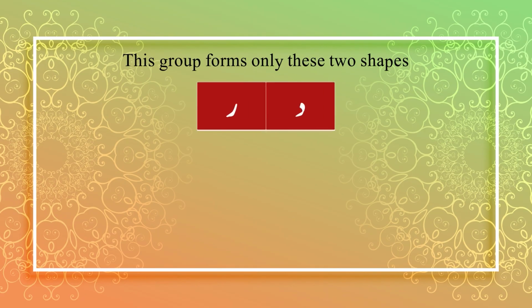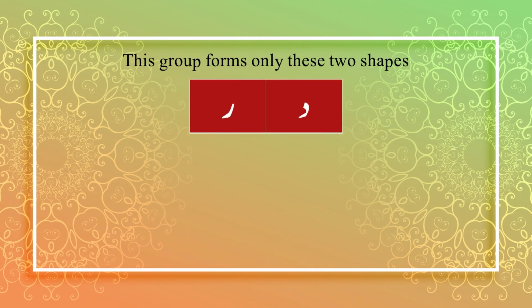This group forms only these two shapes. You can see here these two shapes: the first is DAAL in its full shape, and the second is its short form, and it looks like ray. You have not studied the ray group yet, but you can see in your books that it looks like ray.